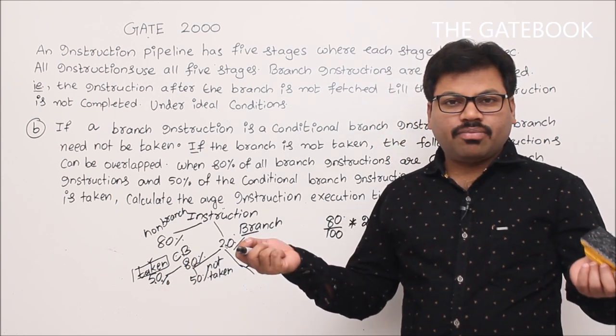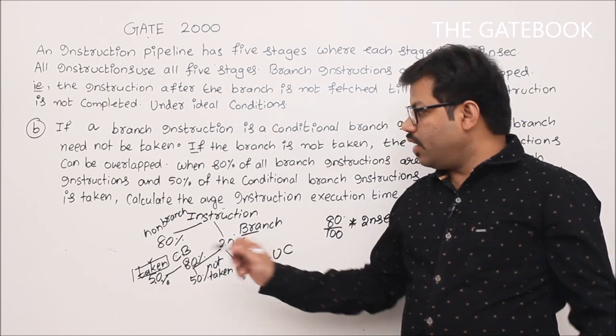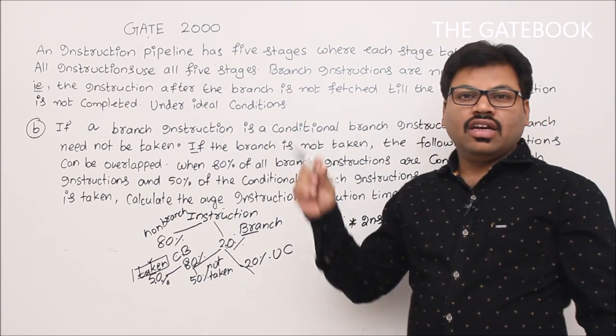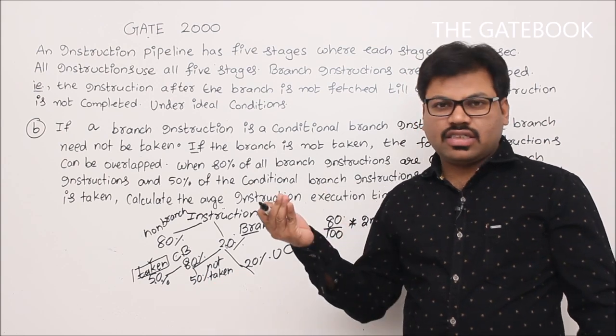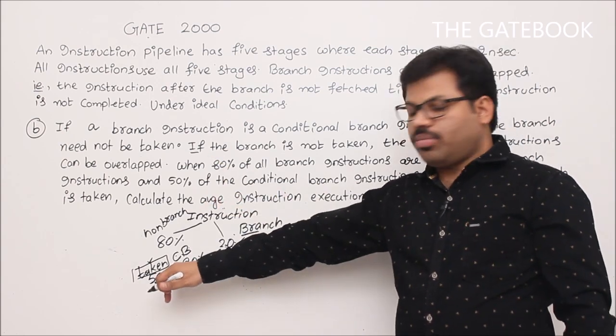If the branch is taken, we can't take any help, because in the problem it is already given that if the branch is taken, then we have to wait, correct? Then the next instruction starts after completion of this one.